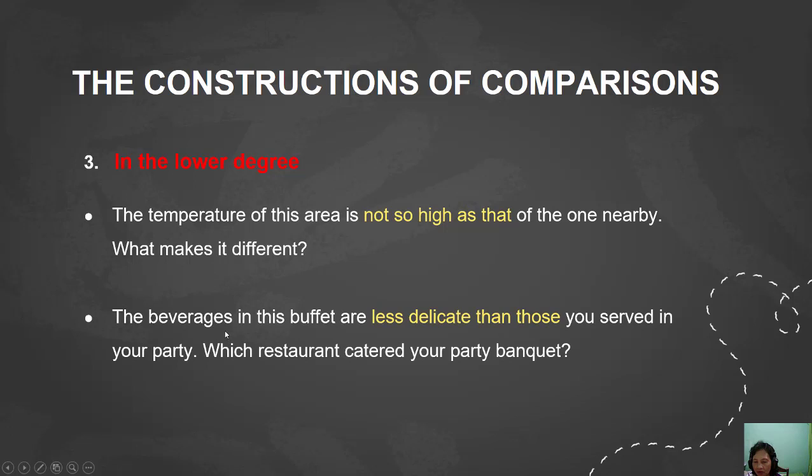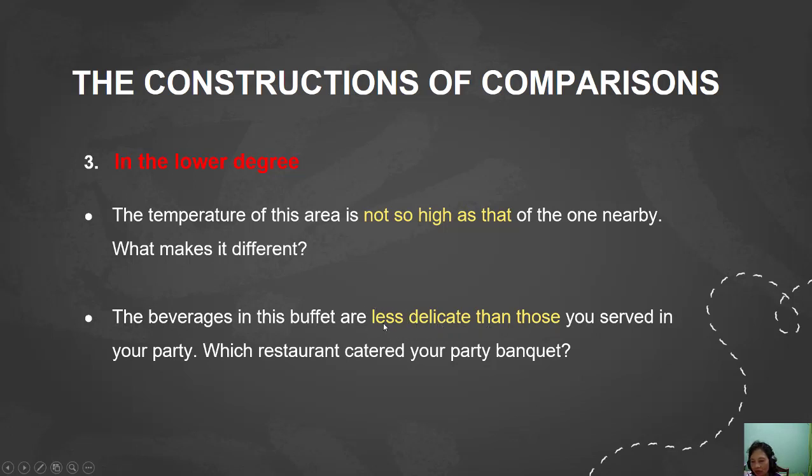You can use this also, this construction. The beverages in this buffet are less delicate than those you served in your party. Which restaurant catered your party banquet? The beverages in this buffet are less delicate than those. Less delicate than those.